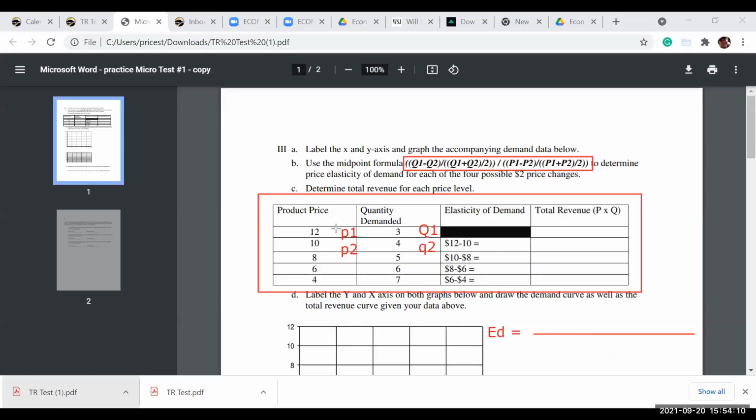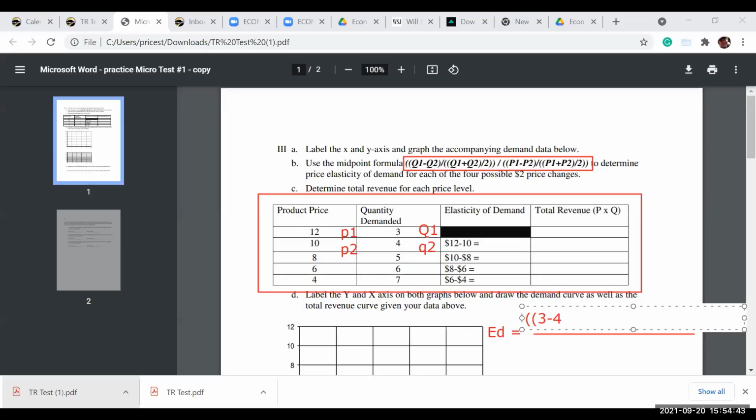Now notice if I'm calculating the price elasticity of demand between 12 and 10, my P1 is 12, my P2 is 10. My Q1 is 3, my Q2 is 4. Be very careful with order of operations here. Looking at this formula, Q1 is 3, Q1 minus Q2, Q2 is 4.